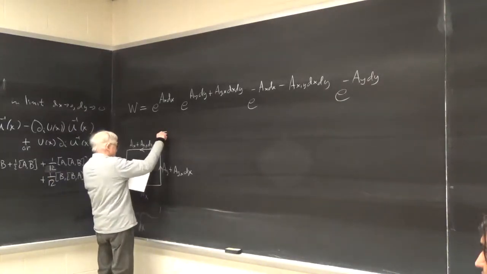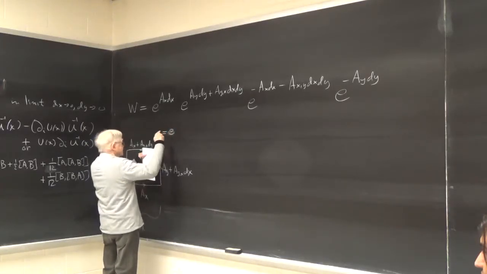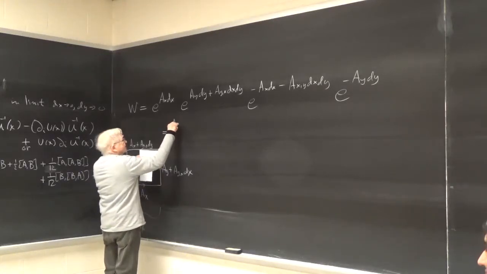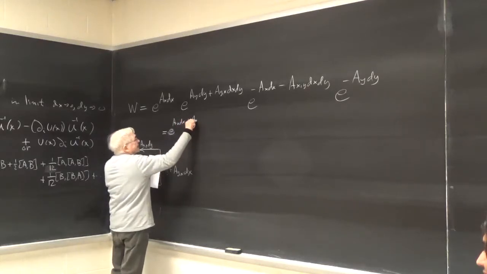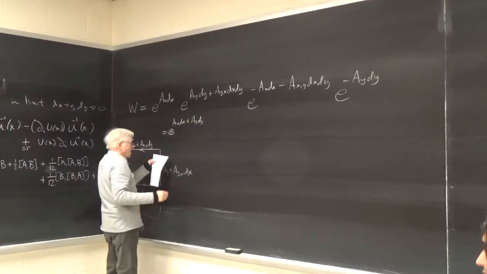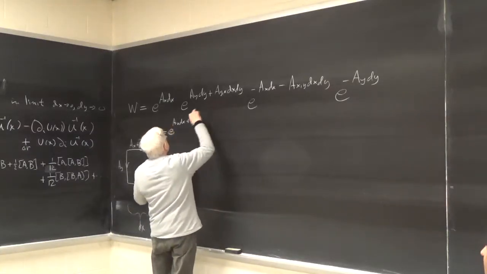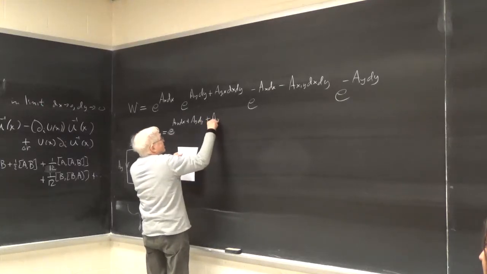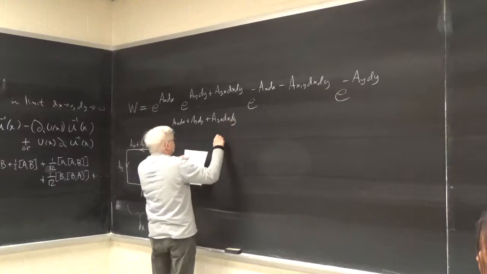So this is going to be, well, actually, it can be e to the, because we have a blackboard here. So what we have then is A_x dx plus A_y dy, so I'm doing these two terms, plus A_{y,x} dx dy.